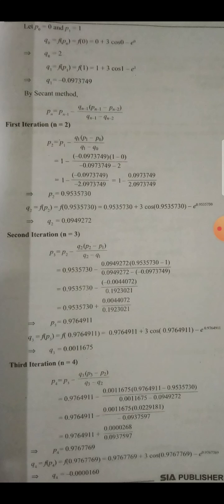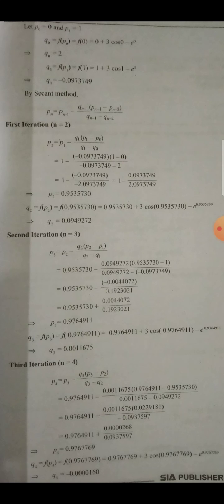Next, find q3. q3 equals f of p3 equals f of 0.9764911 equals 0.9764911 plus 3 cos of 0.9764911 minus e power 0.9764911. q3 equals 0.0011675.